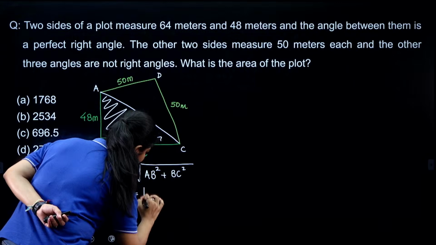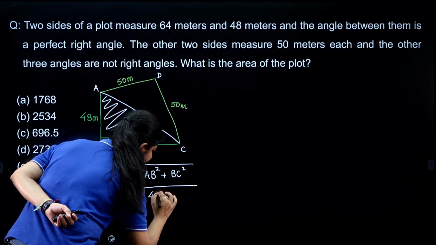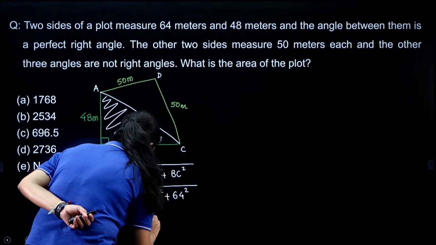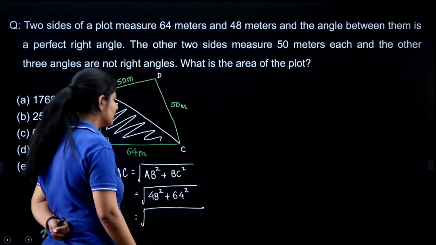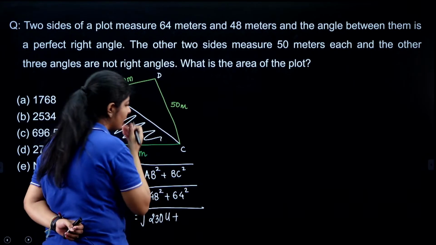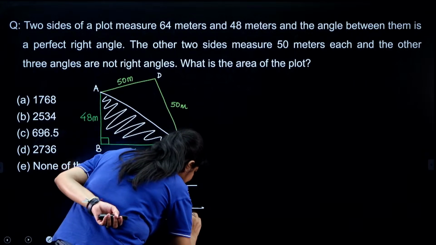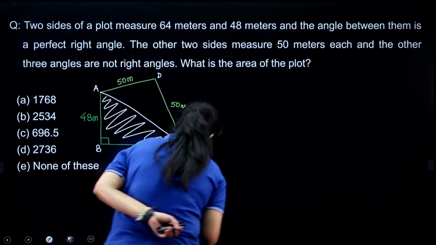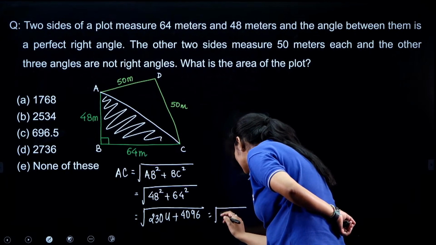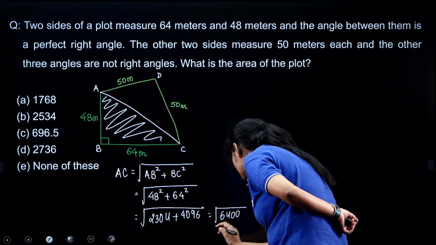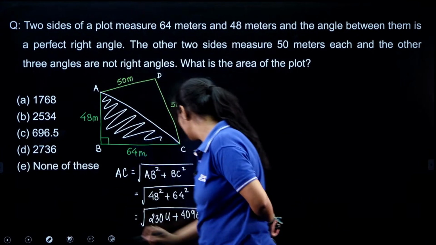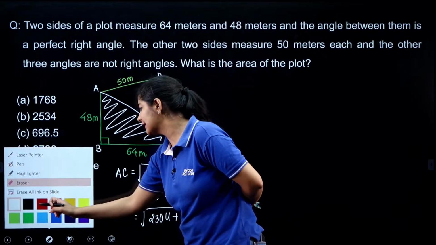That is the square root of 48 square plus 64 square. 48 square is 2304 and 64 square is 4096, and when we add these values, we get the sum 6400, which is the square root of 6400, that is 80.